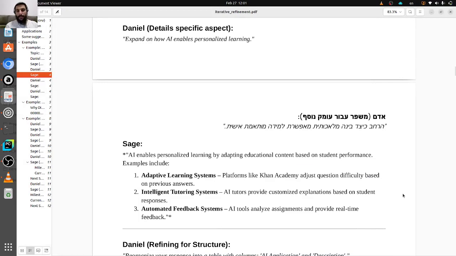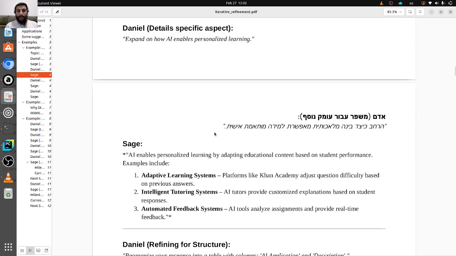Alright, so let's move on to the first refinement iteration. If we take a look at Daniel's prompt here, we see immediately that the type of refinement that we find here is precision refinement, in which Daniel asks Sage to elaborate on a specific aspect of the broader topic.